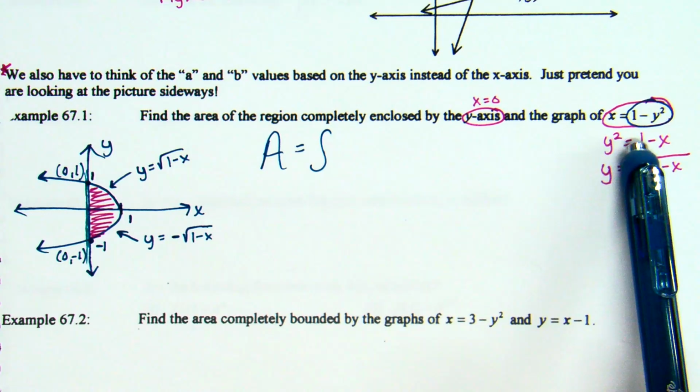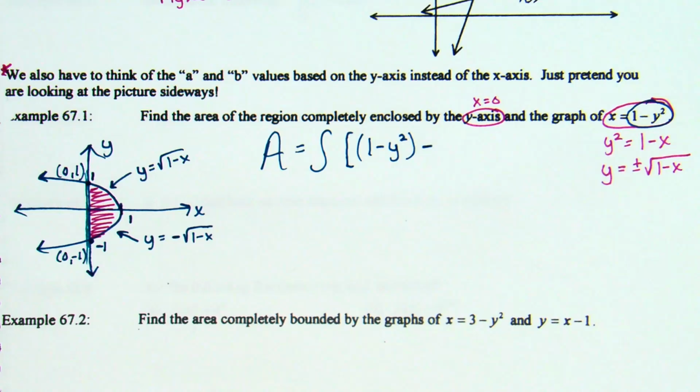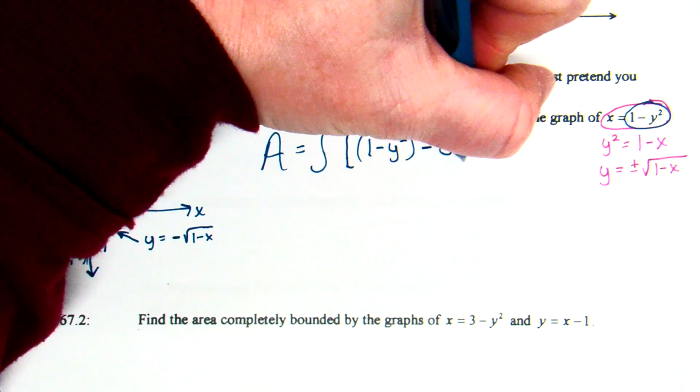Okay, x equals 1 minus y squared. So we're going to use the 1 minus y squared minus, what's my left curve? X equals 0, which is just 0 officially. dy.